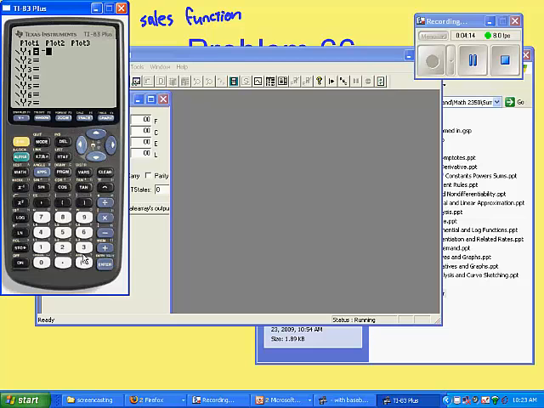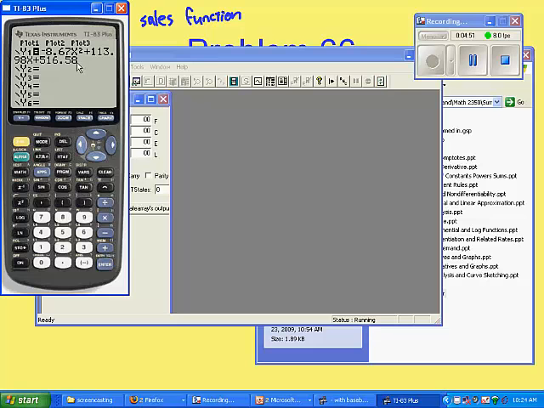Negative 8.67 x squared plus 113.98x plus 516.58. Is this okay so far? Felix, you all right? Okay.